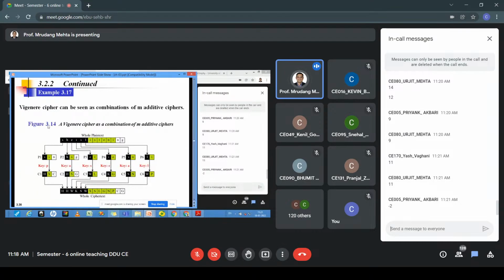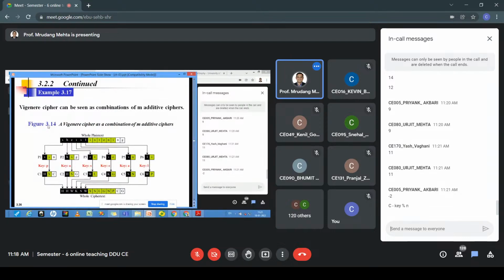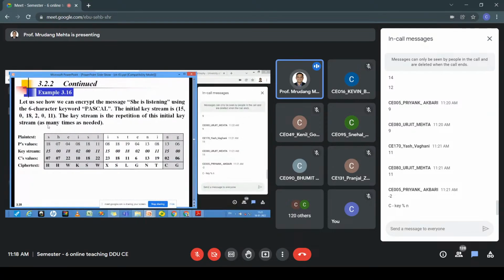That was discussed in the class: C minus key mod n, right? So if the key is known to us, which key was taken?